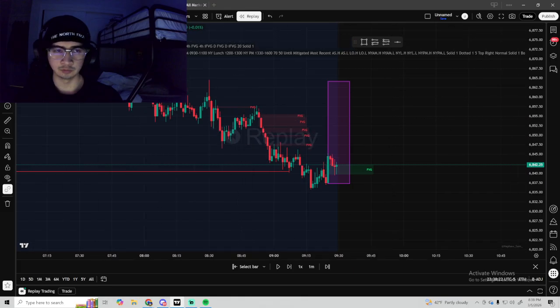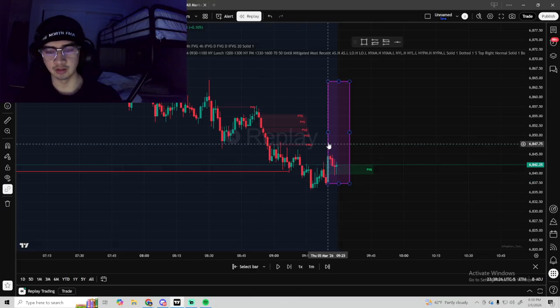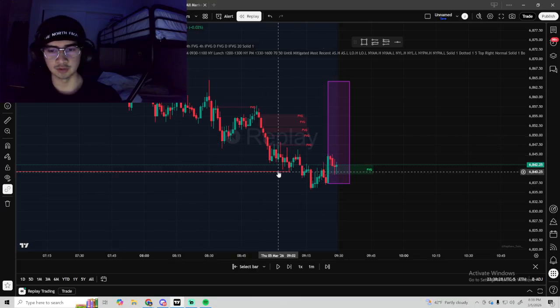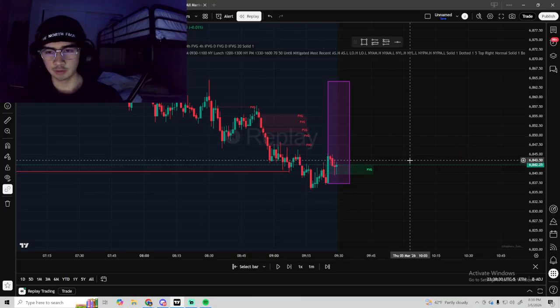So if you're going to enter off an inverse fair value gap, you better have confirmation of displacement and that price really wants to move in that direction, and strong confirmation. So what happened here? A liquidity sweep happened.